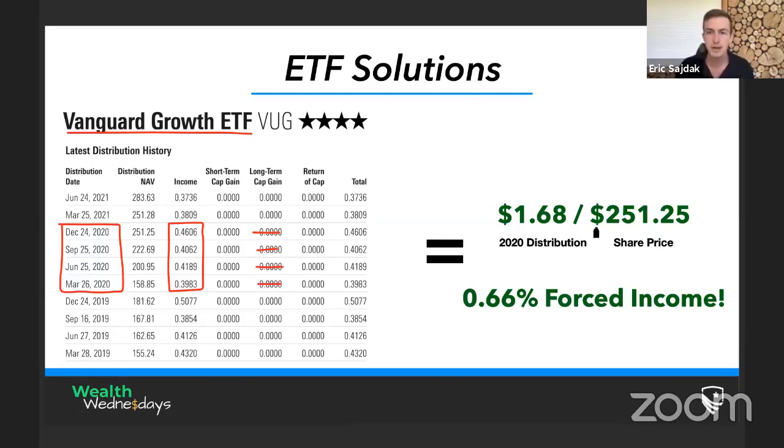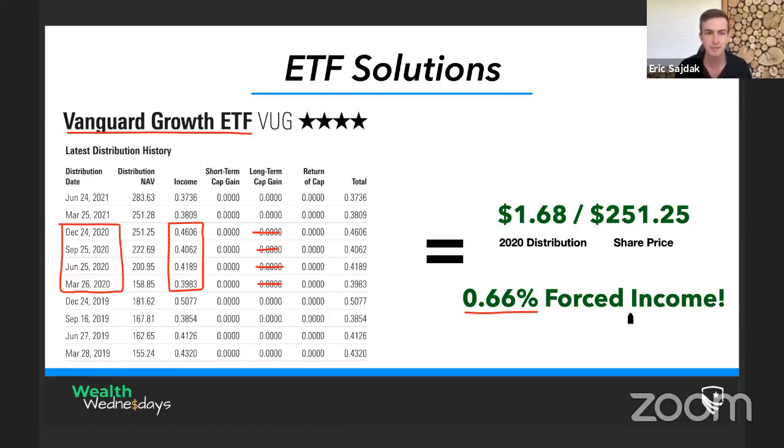Okay. And so now we'll see if you take the distribution throughout the entire year divided by the share price, the forced income is only 0.66%. And this is because dividends that this Vanguard Growth ETF holds need to be passed through to the investor. So all of this is dividend income. This forced income is dividend income.